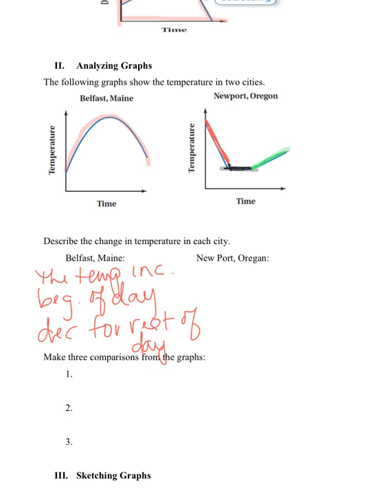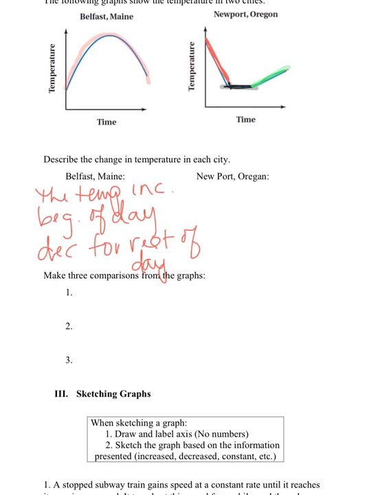Another comparison is that both are nonlinear, but Newport shows three different linear sections. The last comparison is that in Belfast, it was warmer at the end of the day than the beginning. In Newport, it was colder at the end of the day than in the beginning.